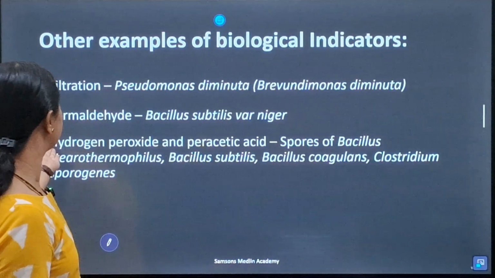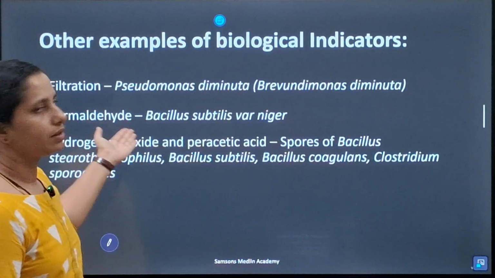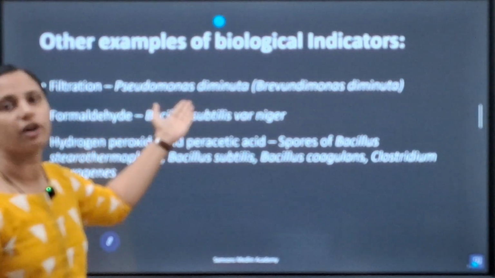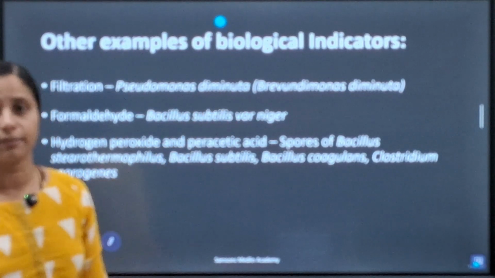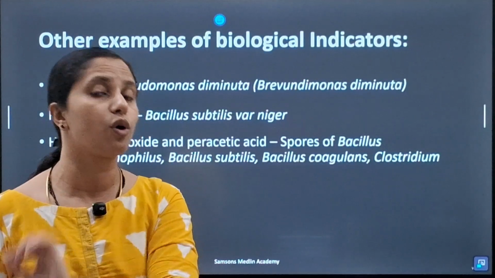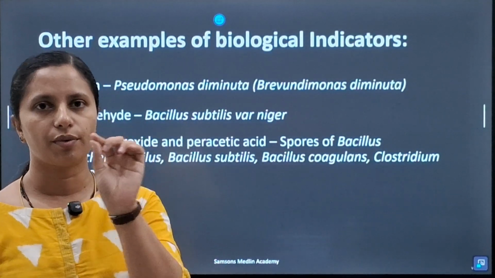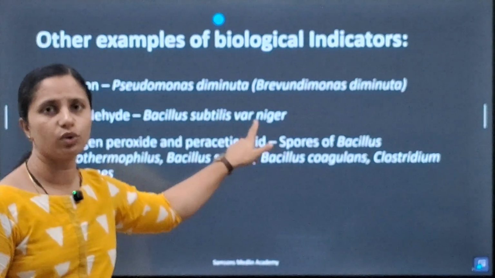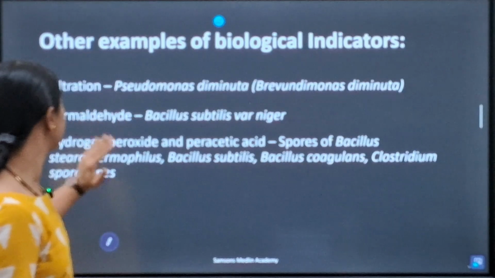There are some more examples for biological indicators. For filtration sterilization, we can use Pseudomonas diminuta. So, how will we remember this? There will be minute pores on the filter, no? So, minute, diminuta. Pseudomonas diminuta we can use for filtration sterilization.